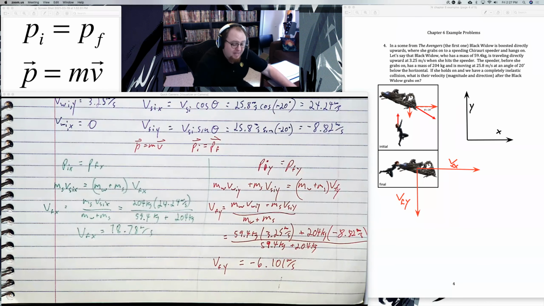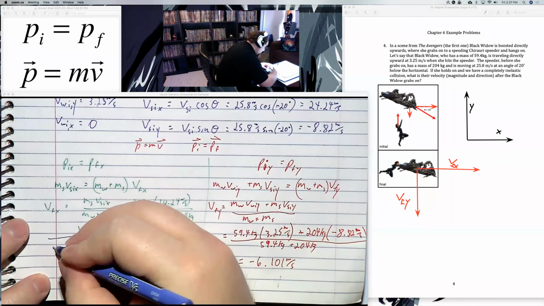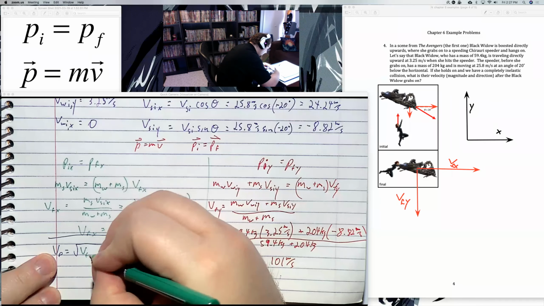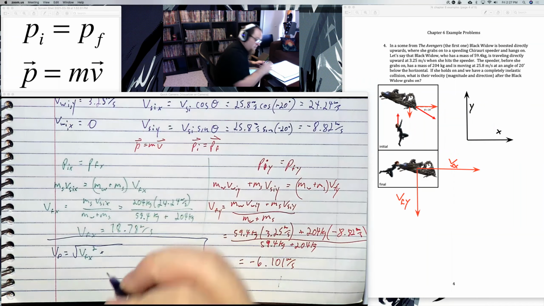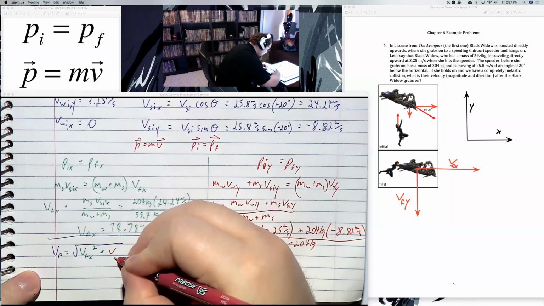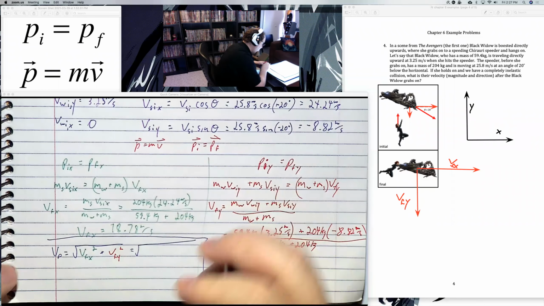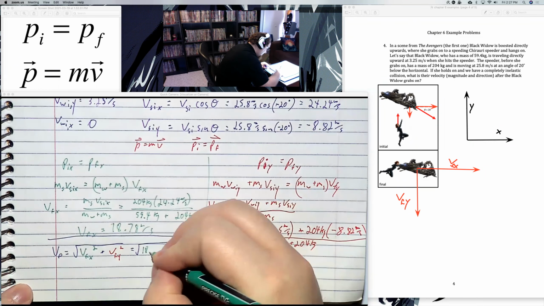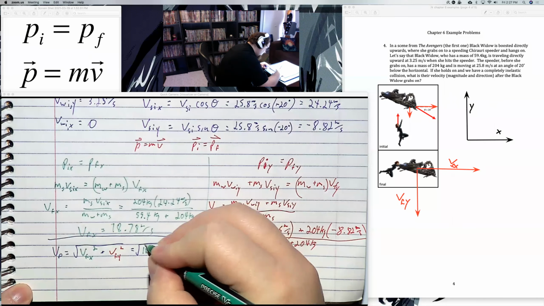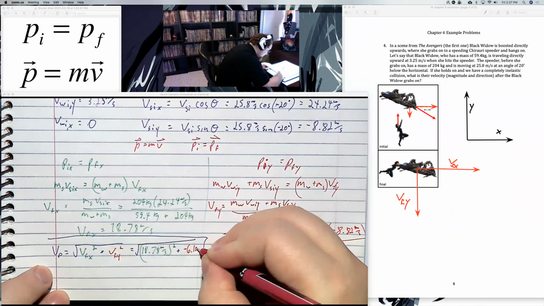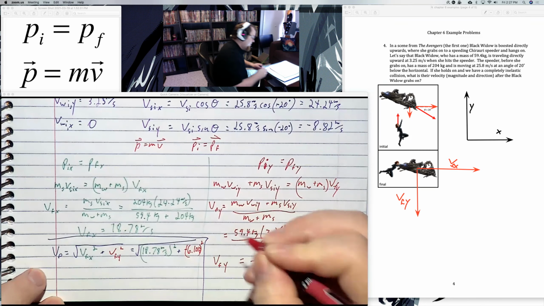If I want to get magnitude and direction, well, magnitude, and I'm just going to box this here, v final is going to be the square root of v final x squared plus v final y squared, or the square root of 18.78 squared plus negative 6.101 squared.